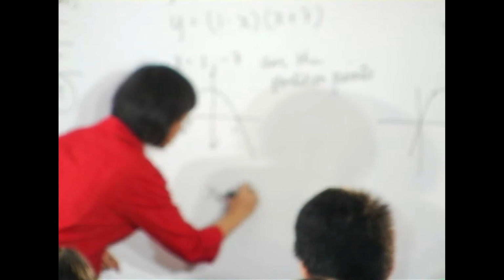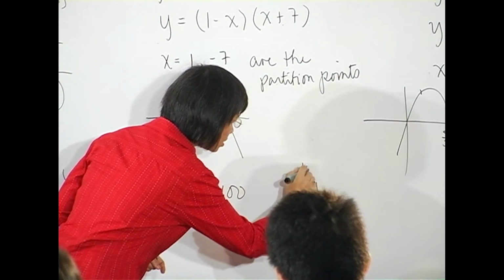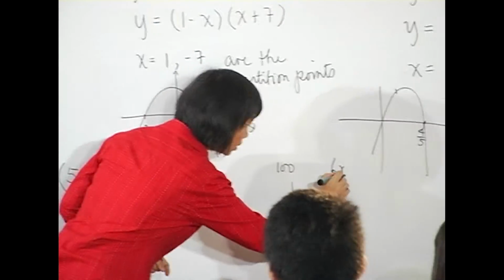When you're trying to determine if a linear factor is positive or negative on an interval, you can use a test point. I noticed that some of you couldn't decide. x minus 100: this is your partition point.